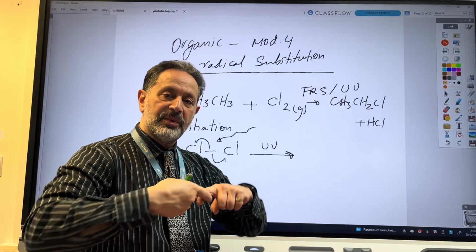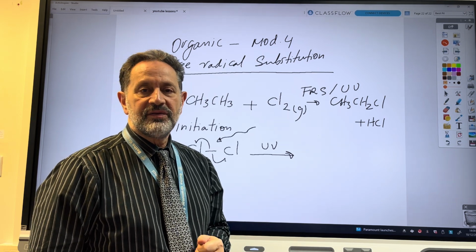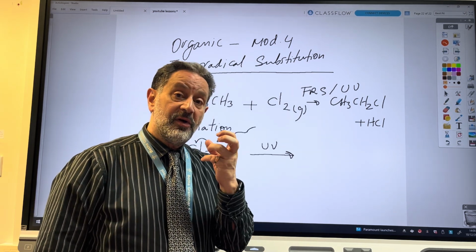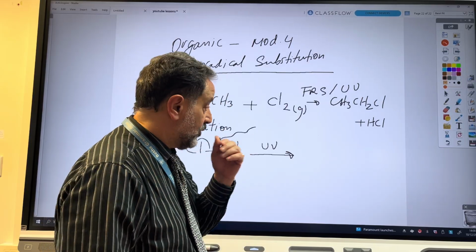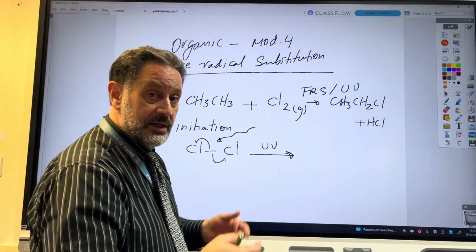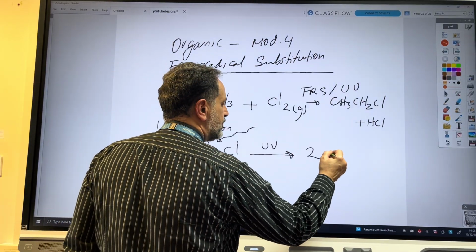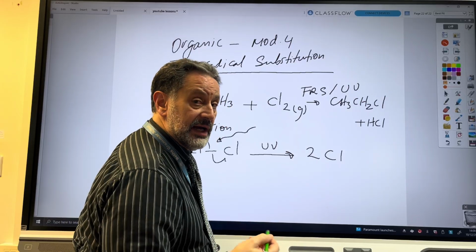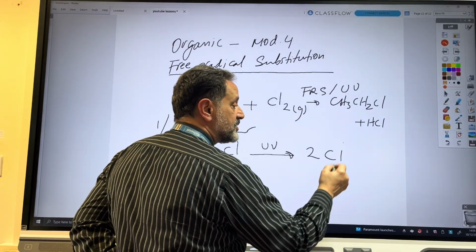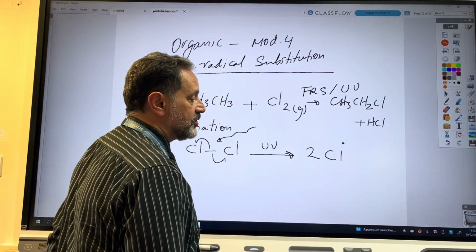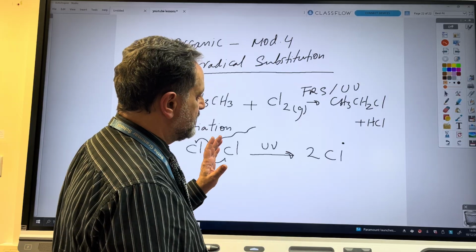So they come and share electrons and form a diatomic chlorine molecule, which is relatively stable. With UV light, we provide the appropriate energy to break the bond apart and turn them into what they were originally: 2 chlorine atoms, so 2 chlorine radicals. Sometimes they put a dot there just to show that they are free radicals. Now this step is initiation.